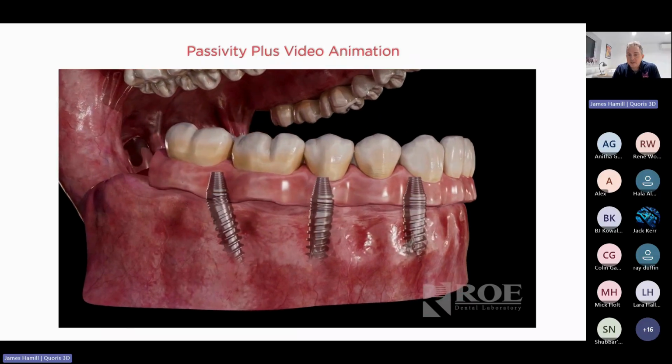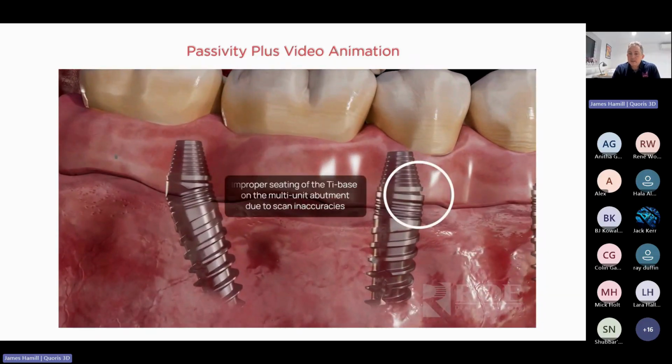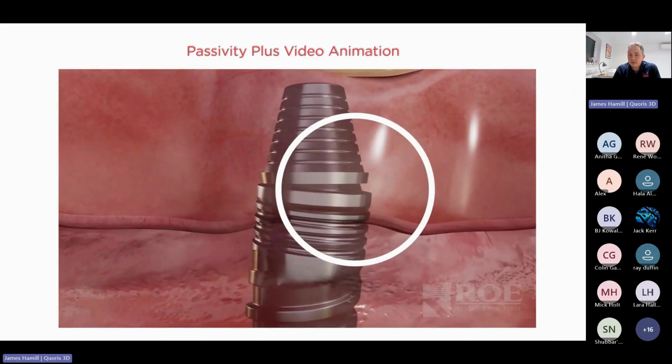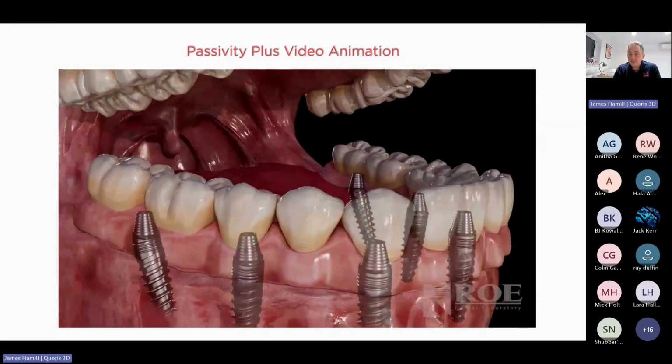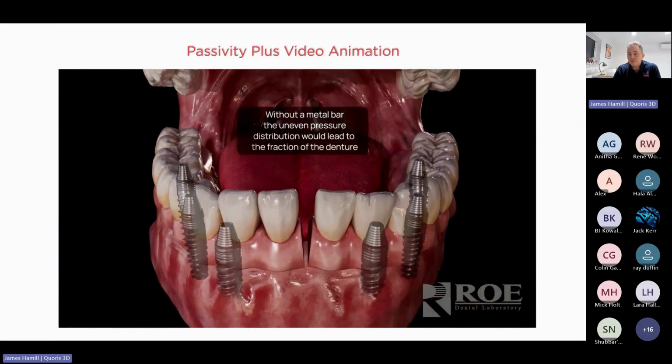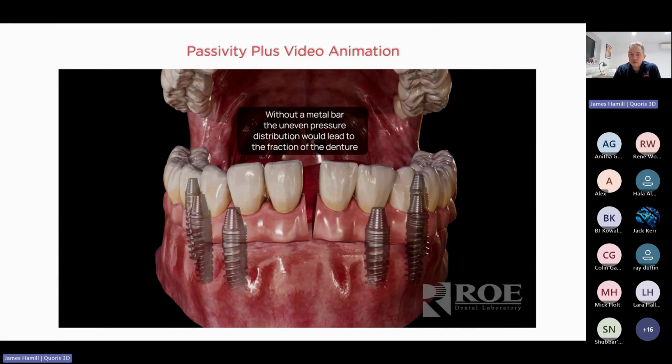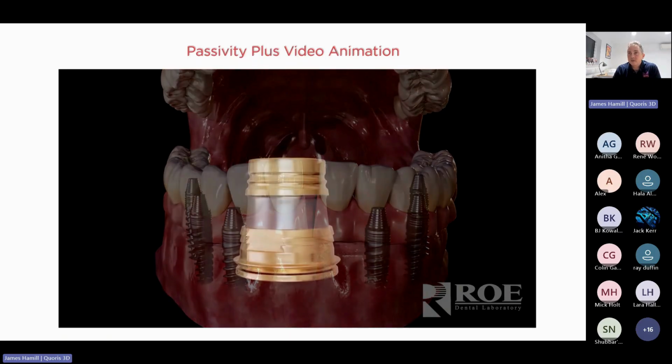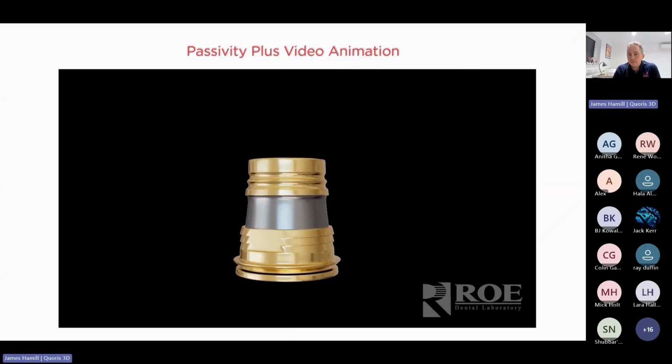So here we have the situation that often occurs, and you can see a very slight misfit of the tie base to the MUA, and this causes stress and strain within not only the implant but also within the prosthesis itself, and this can lead to tie base debonding. This can lead to fracture of the prosthetic, screw loosening, all of the things that we've talked about. And even putting a metal bar within that isn't going to overcome all of these problems.